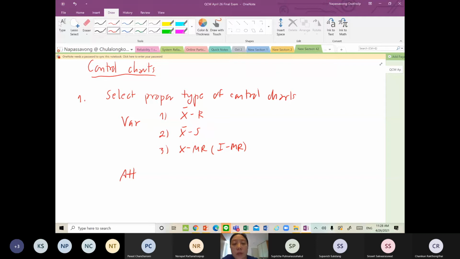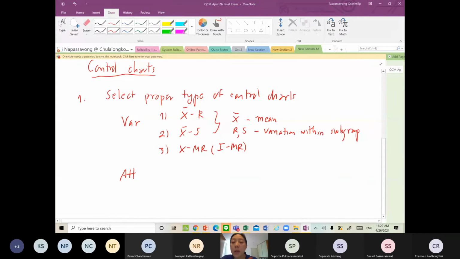The first two are used when, in one sample, we can collect more than one part. If we have more than one part, we take an average, X bar, to explain the mean of the process. Then we use R, the range, or S, the standard deviation, to explain the variation within the sample or within the subgroup.